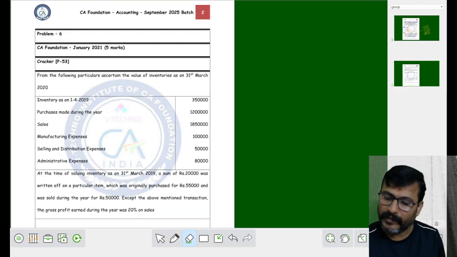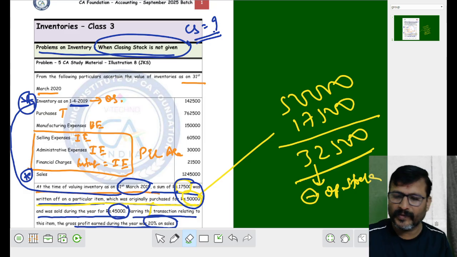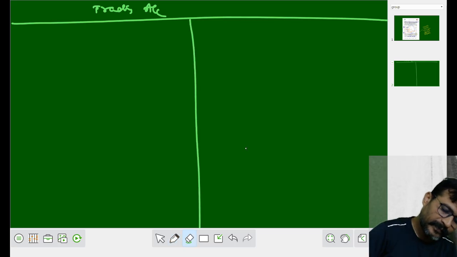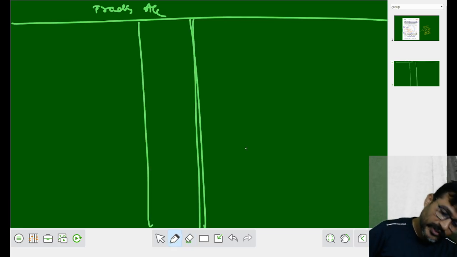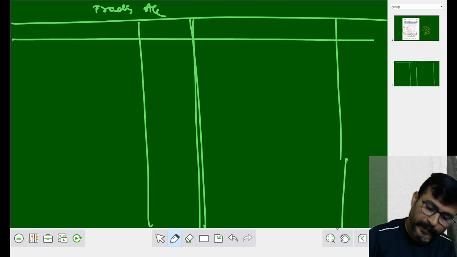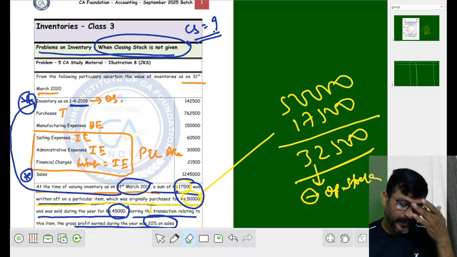Shall we move on to the solution for this particular problem, my dear student? Okay, fine. I usually apply the trading account method. Shall we start? Please, my dear student, listen carefully, try to understand to a maximum extent.